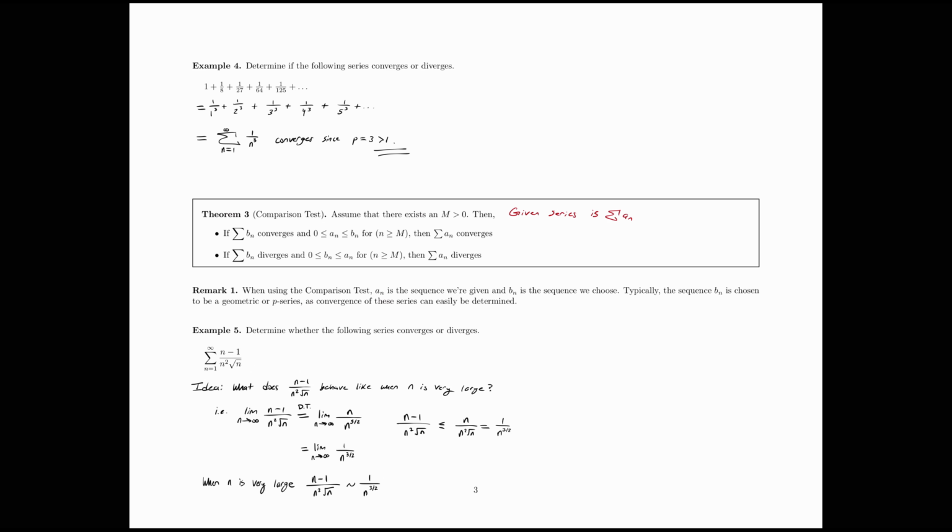So this is definitely what we have and what we need. So 0 is less than or equal to (n minus 1) over n squared square root of n, which is less than or equal to 1 over n to the 3 halves. So there's our inequality.